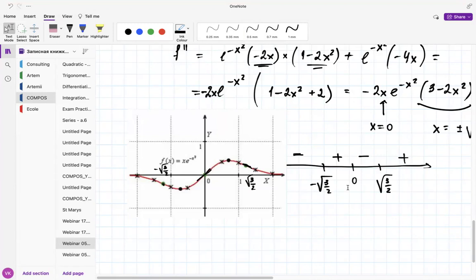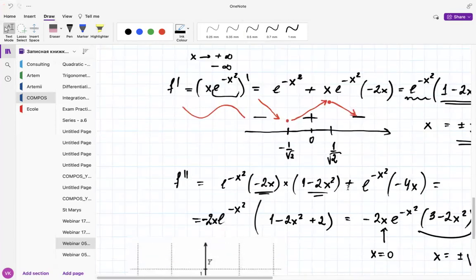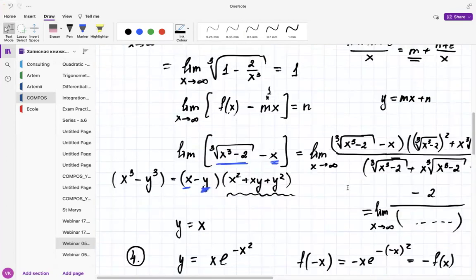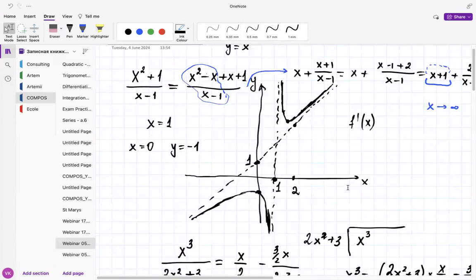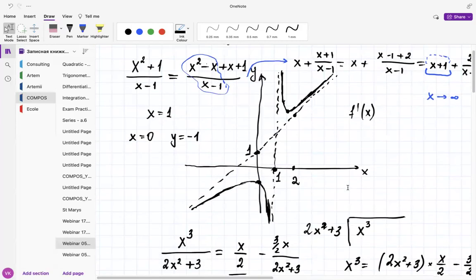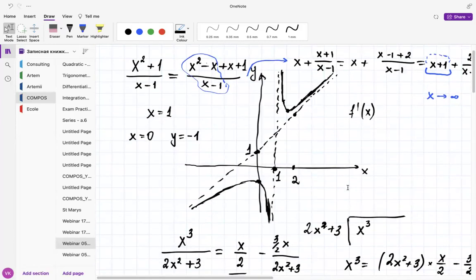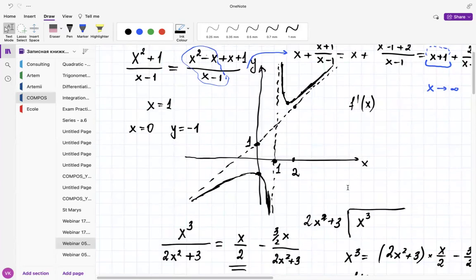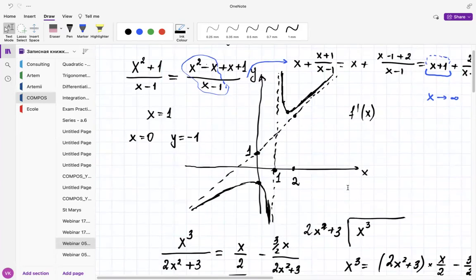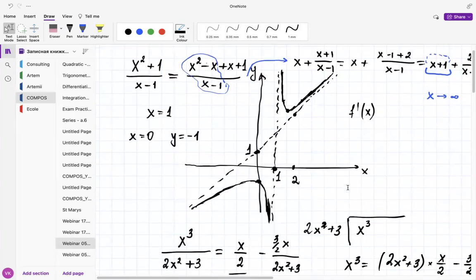I think that's pretty much it. I've prepared 4 examples for you. Let me briefly go through them again, just in case. The first 2 were mainly about how we deal with polynomials. Once we have a polynomial on top and on the bottom, we can just divide one by another and find the slant asymptote.